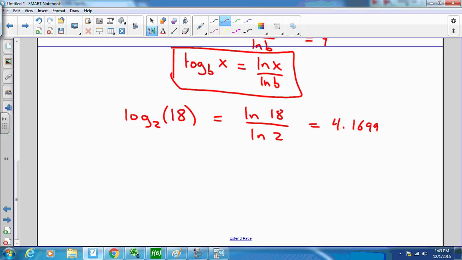Huh, that's interesting. How in the world would I check whether or not this answer is correct? How would I check if the log base 2 of 18 is 4.1699?